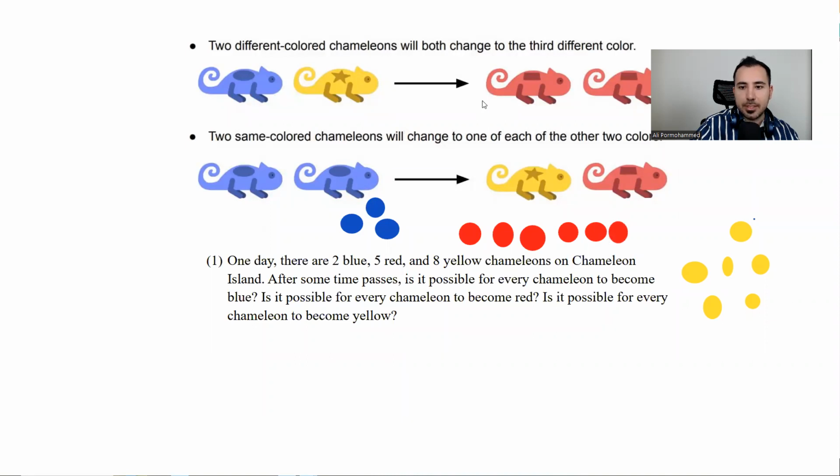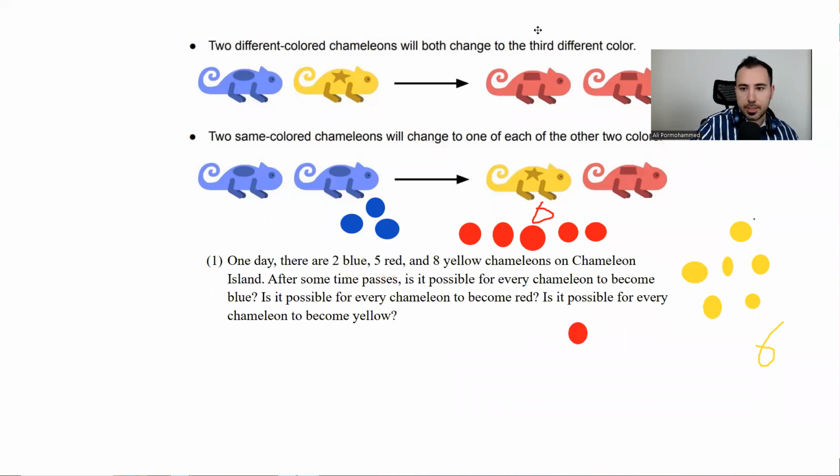We have 6 reds and we have 6 yellows. Okay. So can all of them be blue? Yes. Why? Because these two have different colors and become blue, blue. These two together, blue, blue. So the answer is, can all of them be blue? Yes.